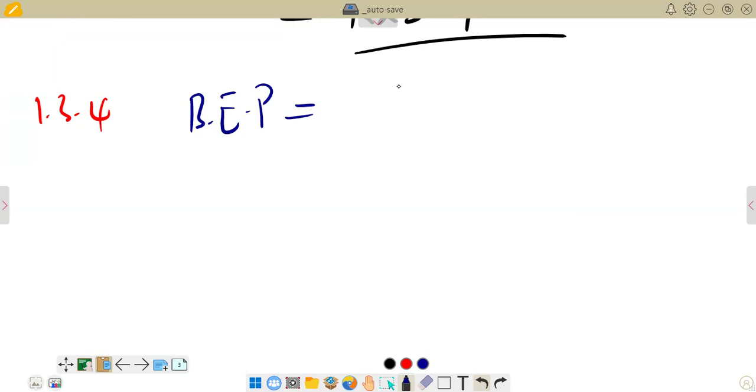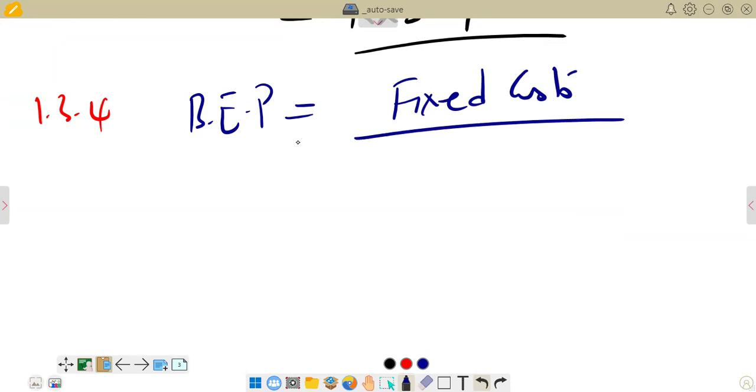The formula that we are going to use is for calculating break-even point in units, so the answer will be in units: fixed cost over selling price per unit minus variable cost per unit.